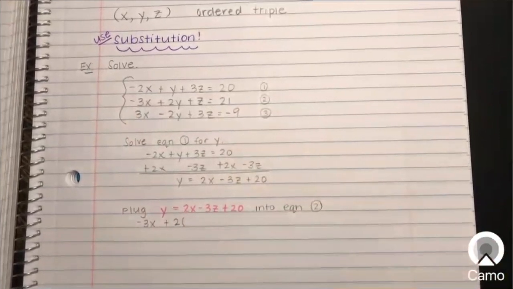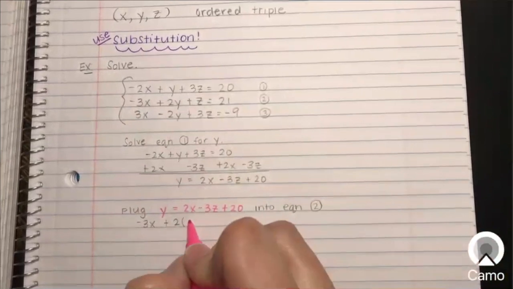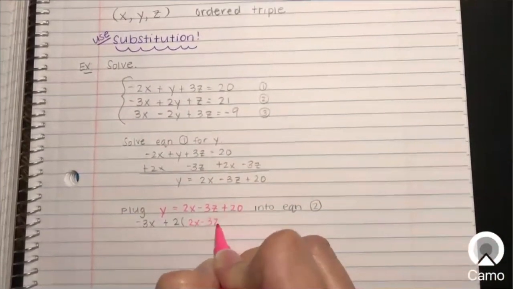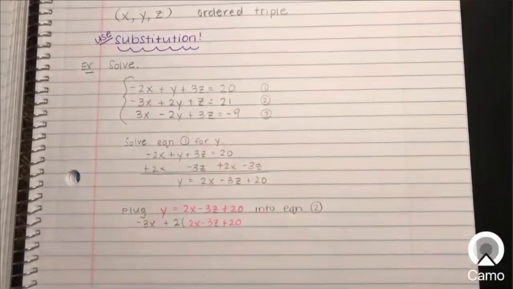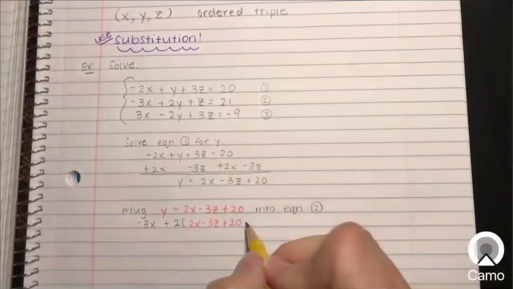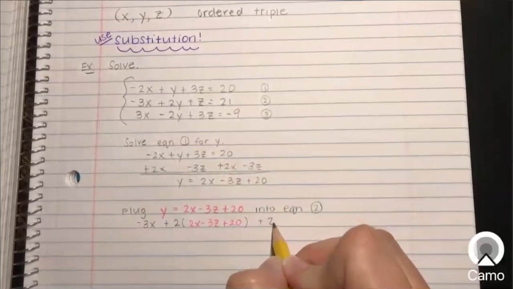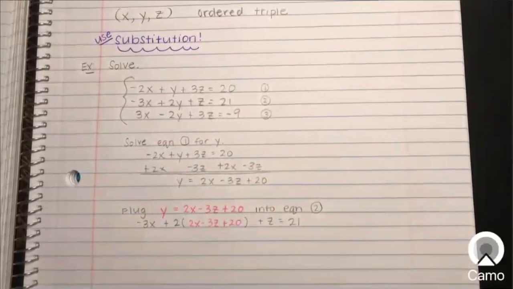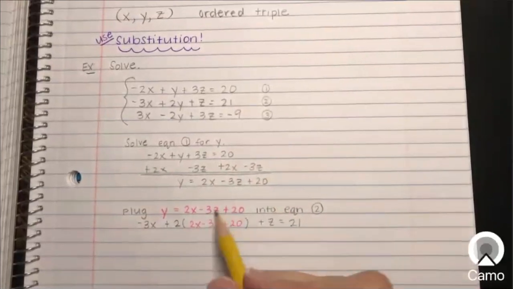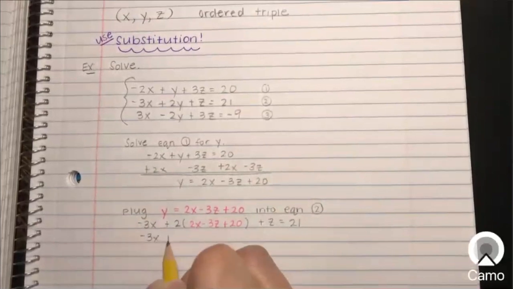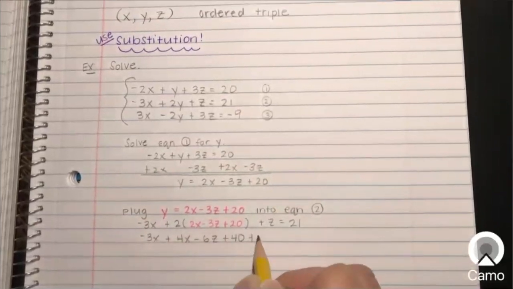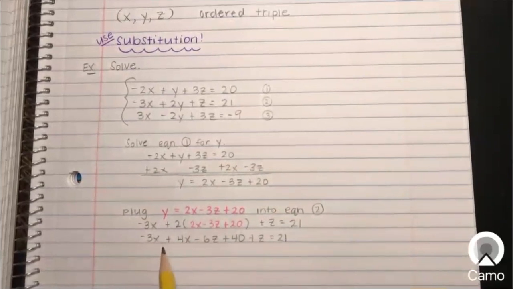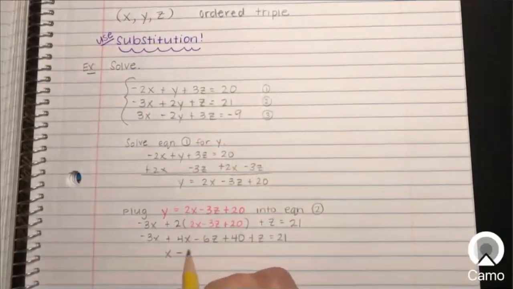Instead of writing y, I'm going to replace it with 2x minus 3z plus 20, and I'm going to simplify.